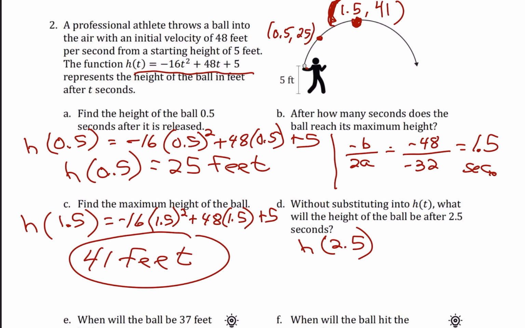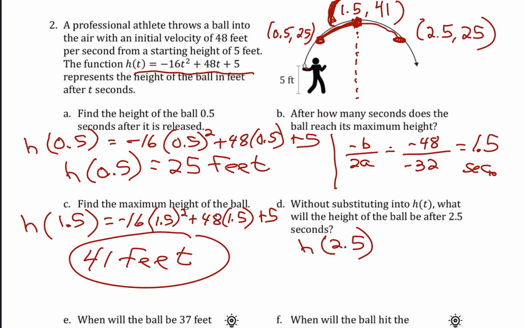So what we know is, since everything is symmetric about the axis of symmetry, which goes through the vertex, if it took us 1 second to get from here to the vertex, from the height of 25 feet, we know that we will once again, at 2.5 seconds, so 1 second after we hit the vertex, have a height of 25 feet.